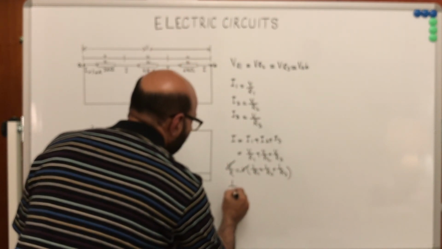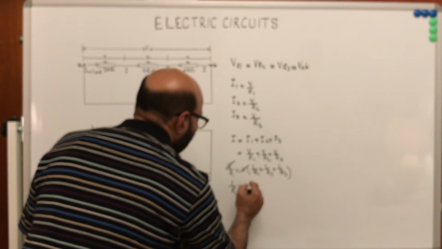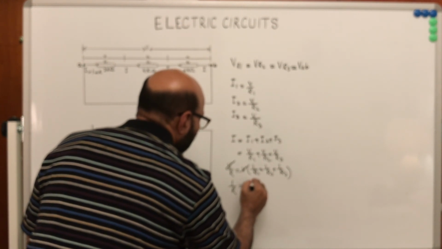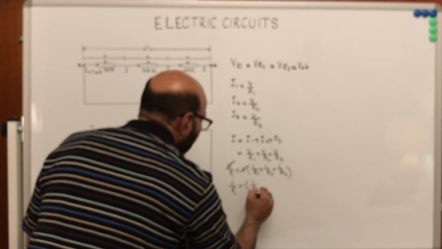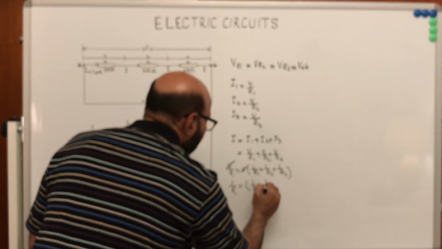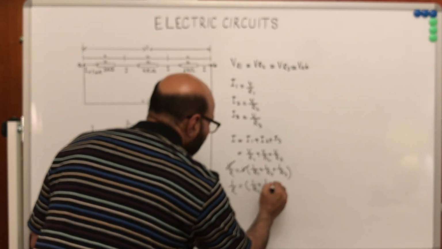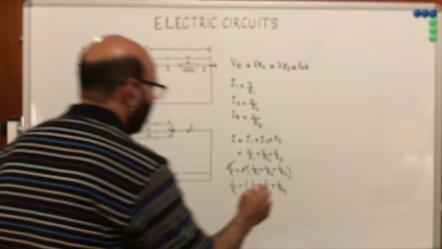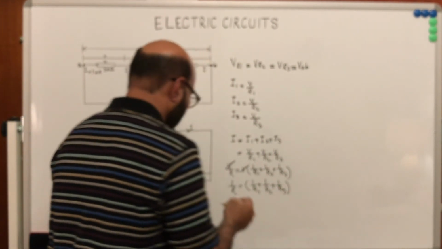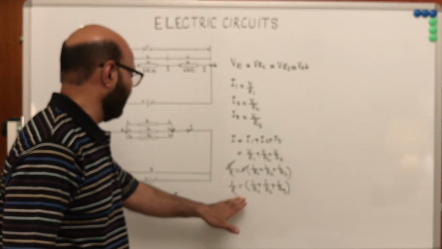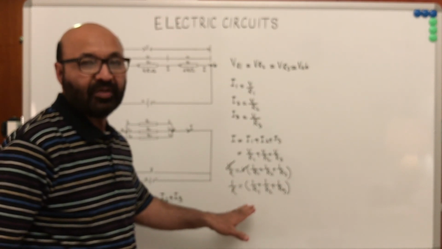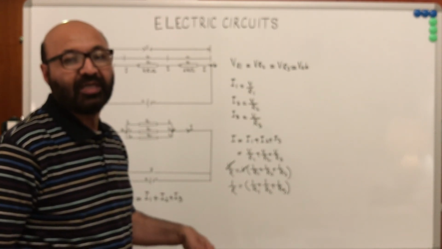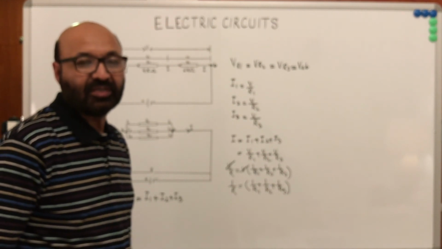So therefore for the equivalent resistance in a parallel circuit, the reciprocal of R is equal to 1 upon R1 plus 1 upon R2 plus 1 upon R3. In a parallel resistor circuit, the equivalent resistance is always less than the smallest resistance in the circuit.